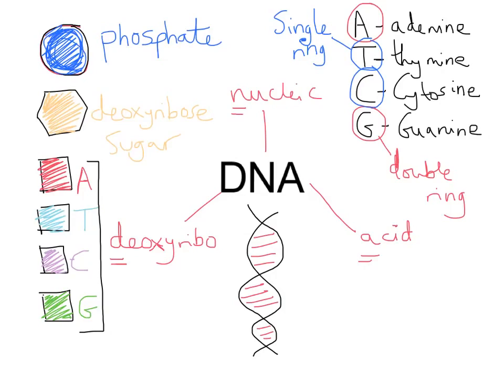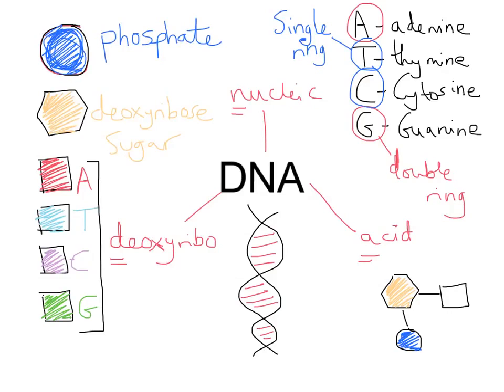Now let's think about when we actually start to combine them. If we were to have a deoxyribose sugar, we'll just put that in place here. So let's say we've got a deoxyribose sugar there, and joined to that deoxyribose sugar we have our phosphate. I'm only very roughly sketching these in. And then we attach to that an organic base.